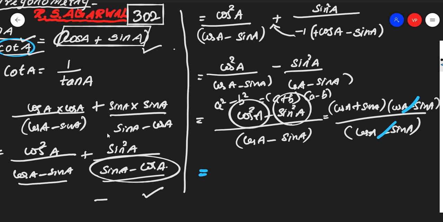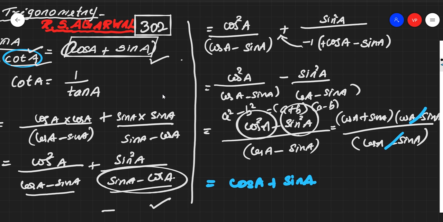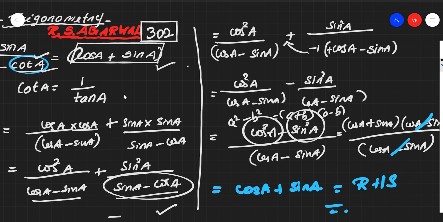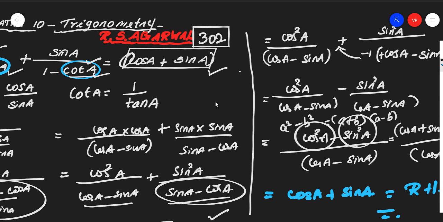So we get cos A plus sin A. Is this the RHS? See, what is your RHS? Yes, this is our RHS. So we got our answer with very simple steps, just taking cross multiplication and only algebraic equations.